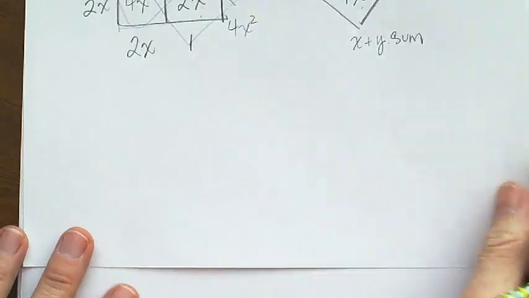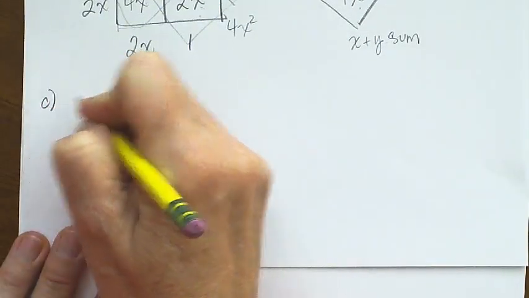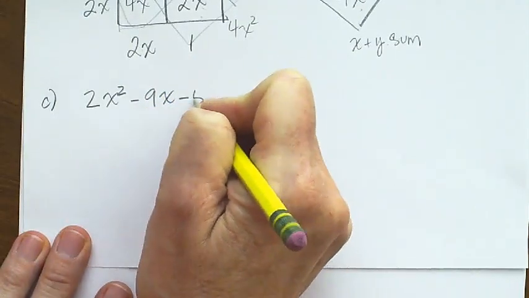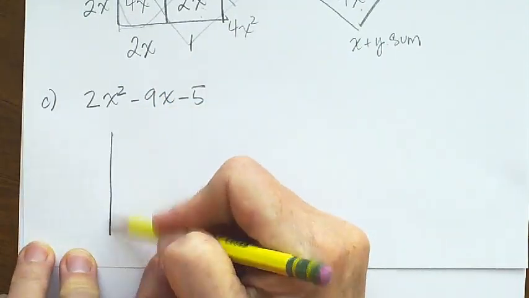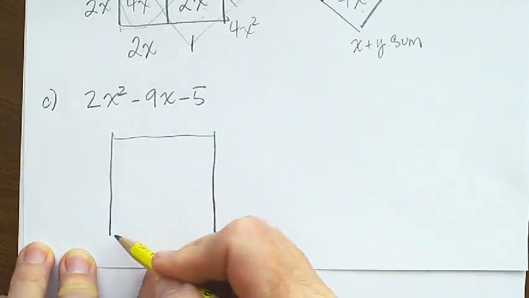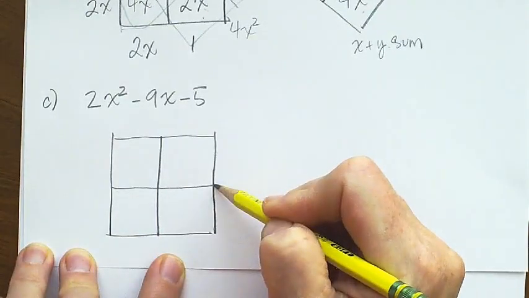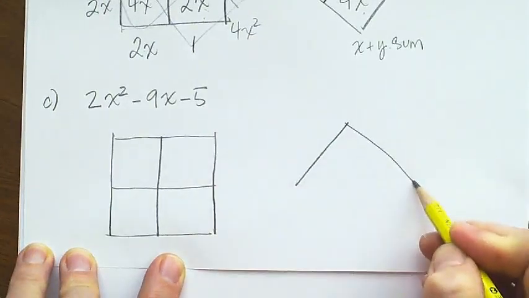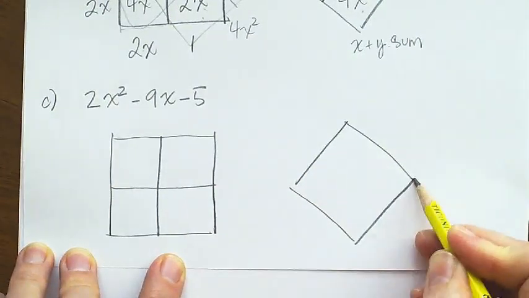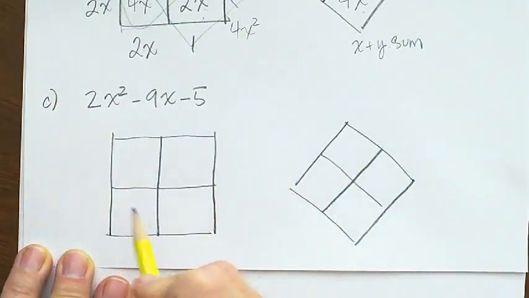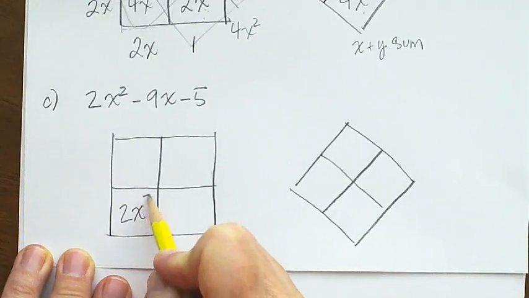Okay, part C. Put your diamond on the side. Okay, we know 2x squared is going to go here.